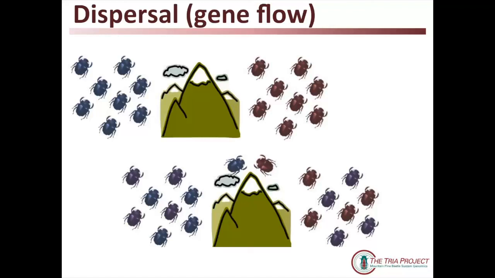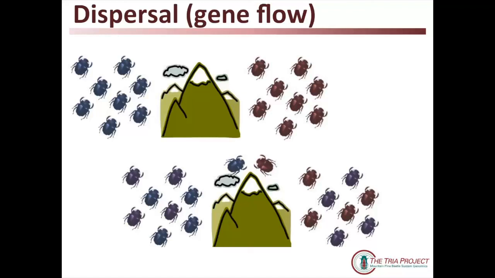And this diagram here shows that if there's a real barrier and there's some marker, in this case color, and the dispersal does not go across the mountains, well then these will tend to maintain their perhaps even multi-marker integrity here versus here.